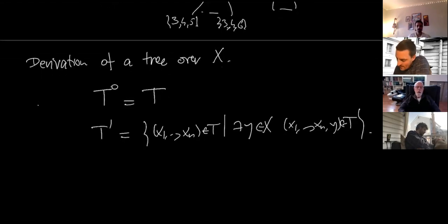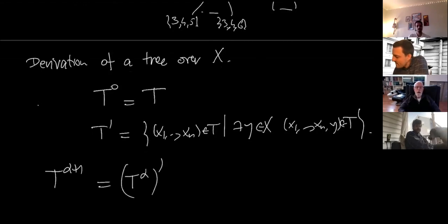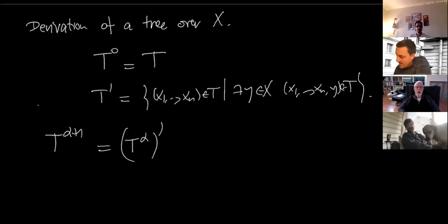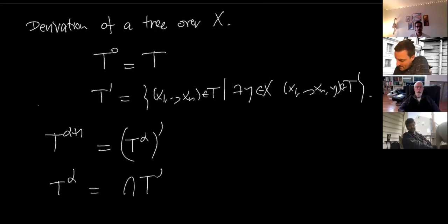And then if alpha is an ordinal, I'm going to define T alpha plus 1 to be the derivative of T alpha.